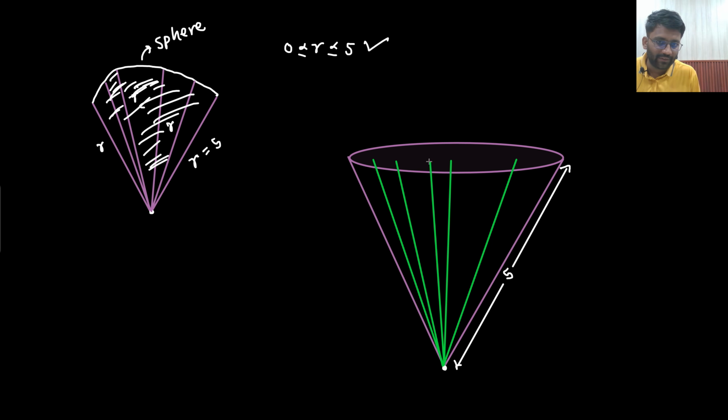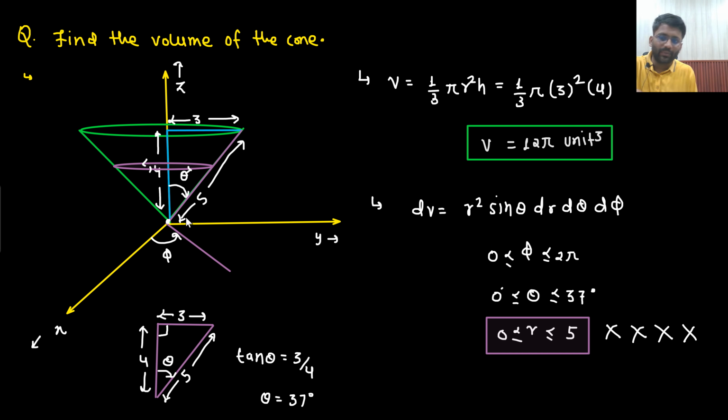What is r? R is the radial distance from the origin. Is it 5? No. This is 5, yes, but how can you say the radial distance is from 0 to 5? No. Radial distance is not 0 to 5.